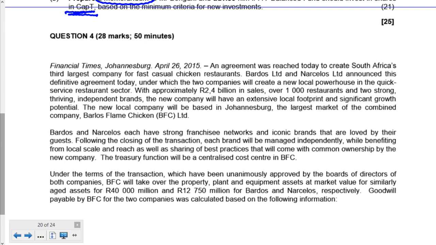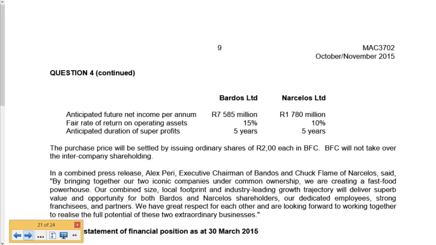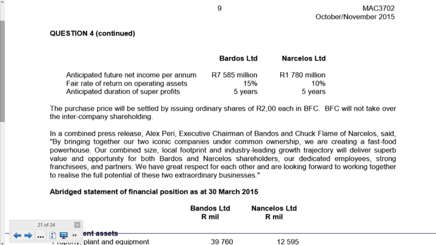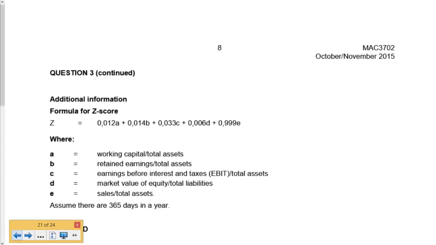So we're going to have 2 companies that are going to merge with each other. They've given us, at the bottom here, values that they're going to take over the assets at. And then they also give us information to be able to work out goodwill.